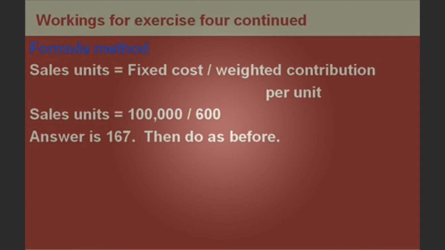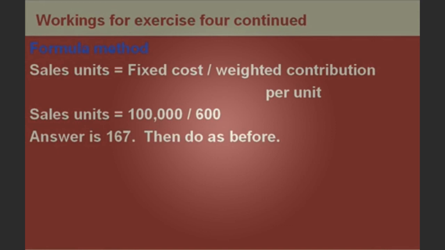The weighted contribution per unit takes both products into account. So what was the selling price weighted? Which was 1800X, do you remember? What was the variable cost which took both into account? Do you remember? It was 1200X. I'm sorry, 1800 and 1200.